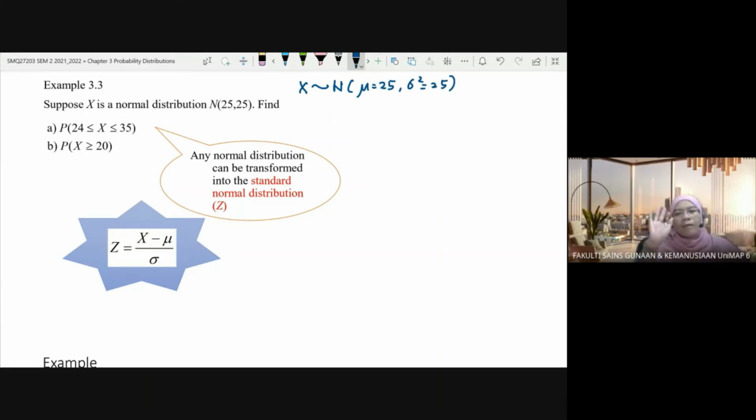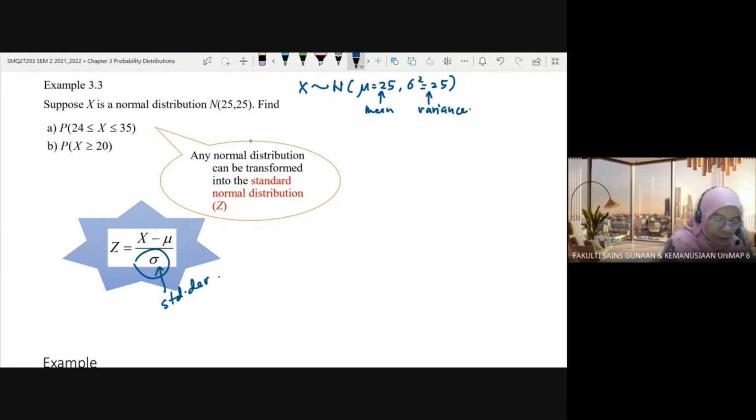Okay class, bear in mind, please make sure that you get the correct information to use when you transform into standard normal. Remember, this is always the mean and this will be the variance. When you look at the transformation from X to Z, it reflects the standard deviation.